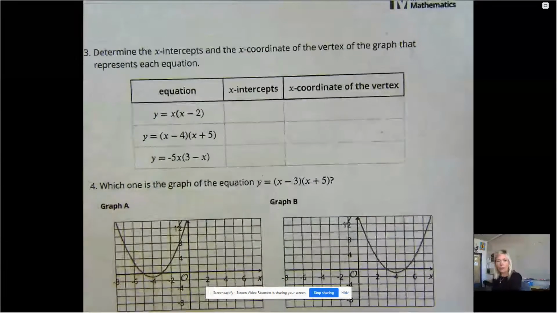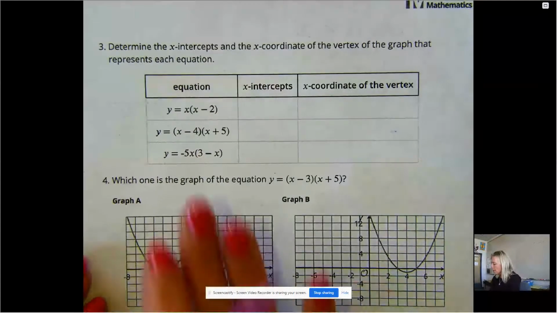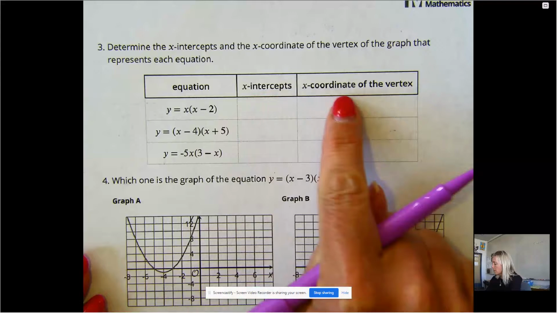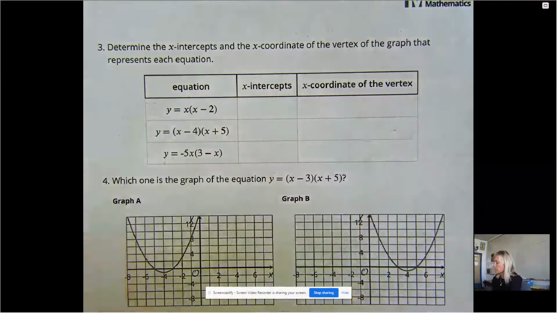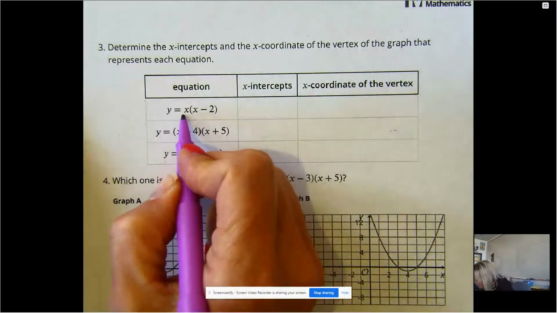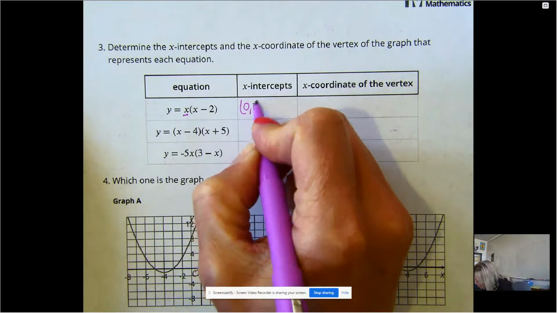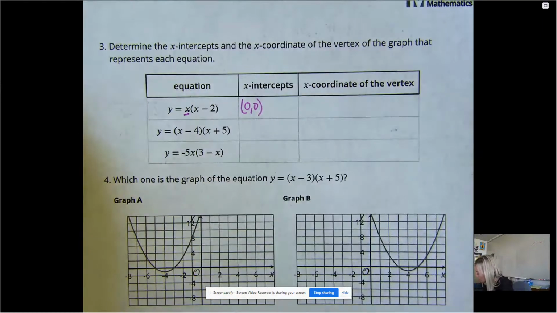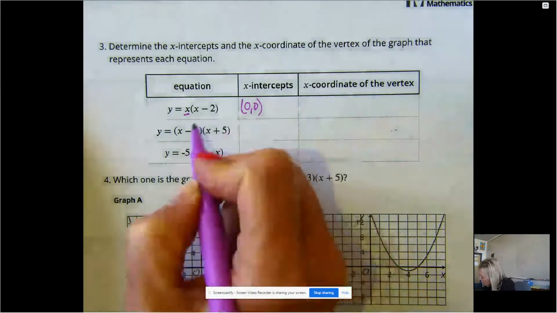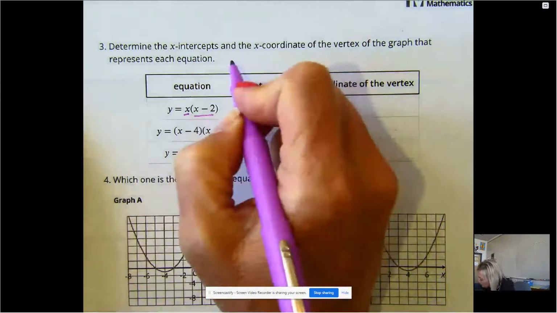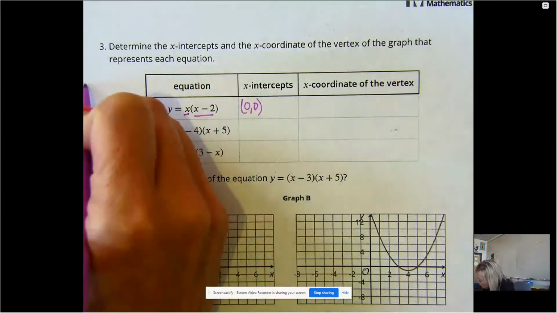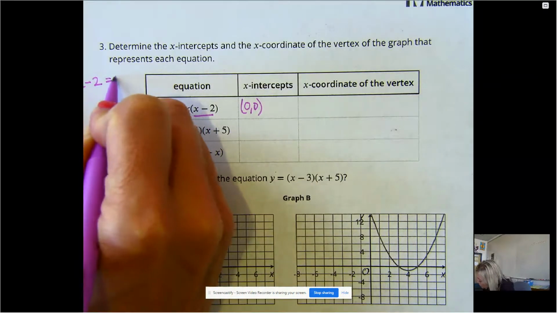All right. Next, we have some practice on x-intercepts and then the x-coordinate of the vertex. So each of these examples actually has two x-intercepts. So for the first one, that's easy. That's just x equals 0. So (0, 0) is one of the intercepts. And for the second one, x minus 2. So we want to know, when does x minus 2 equal 0?